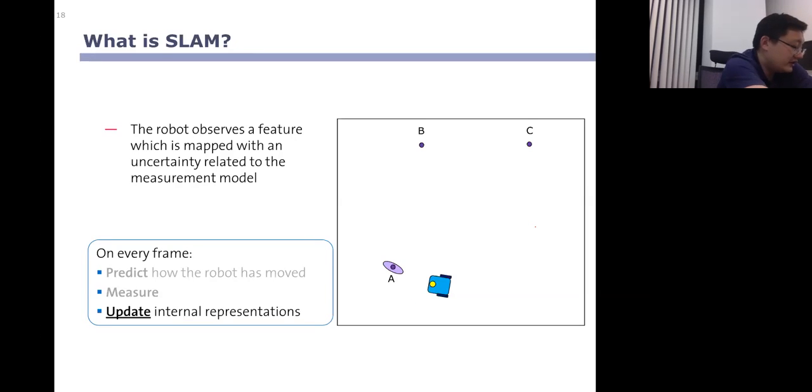So here you can see, starting from the center of the sensor or the robot, that's how you observe the environment. Typically you have higher uncertainty along the radial distance, along this observation direction.